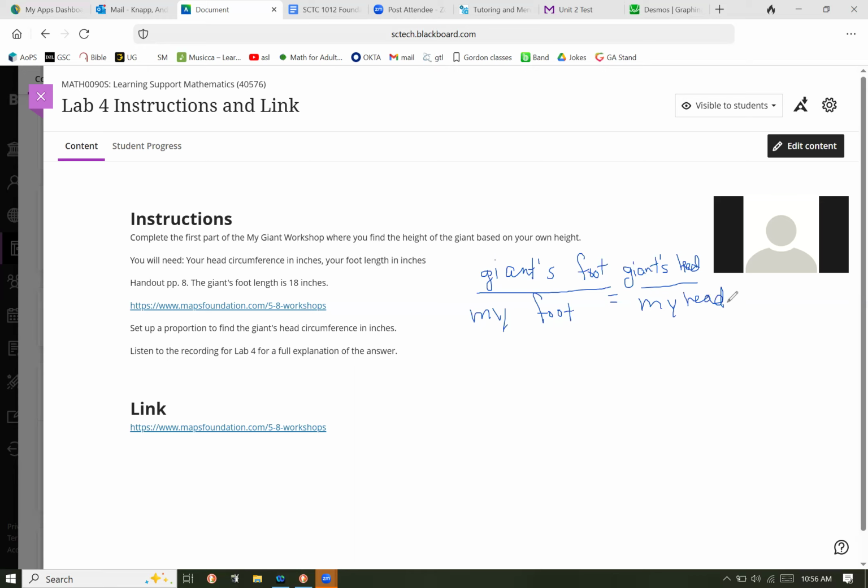And do you notice in setting up this proportion how I was consistent? Giant foot to my foot, giant's head to my head. Okay, now it tells us that the giant's foot length is 18 inches. And now, does anybody have a ruler there that you can measure your foot length, or do you want to just go with mine? Anybody have a ruler where you can measure your own foot length?